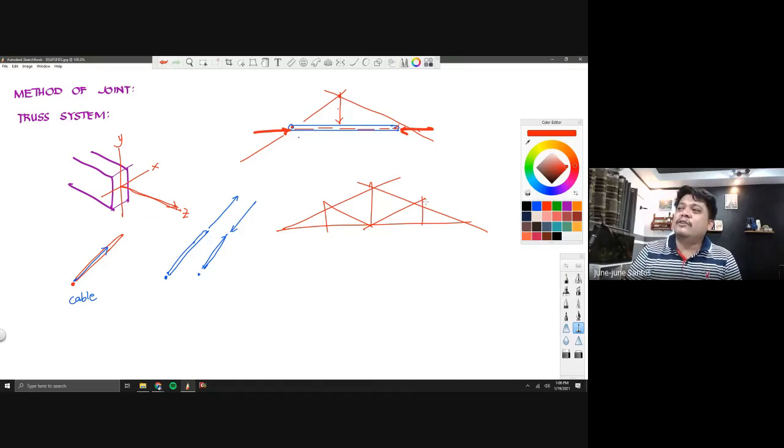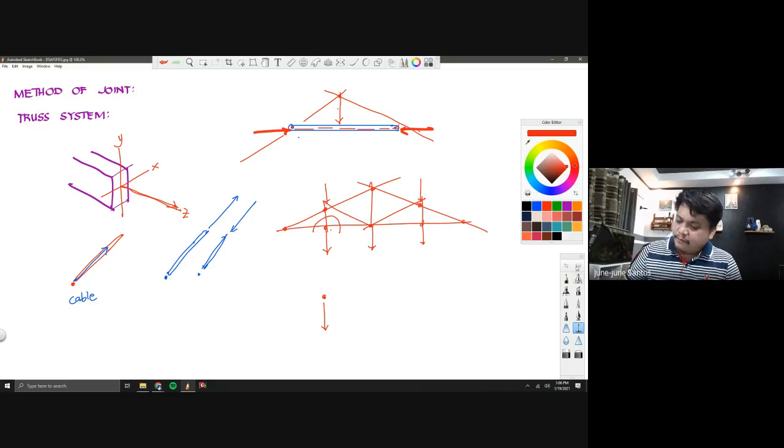Ang ginagawa ng joint, lahat kasi yan may joint. Those are the joints. Tapos, lahat ng forces natin, dapat dun lang sa joint. Wala nang iba. Ang ginagawa natin, ina-isolate natin yung isang joint. For example, this joint, i-isolate ko yan.